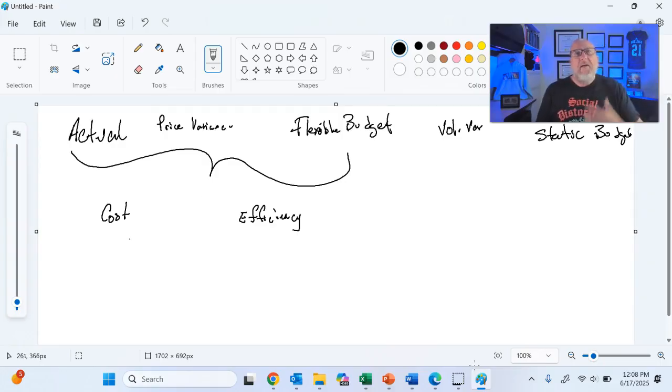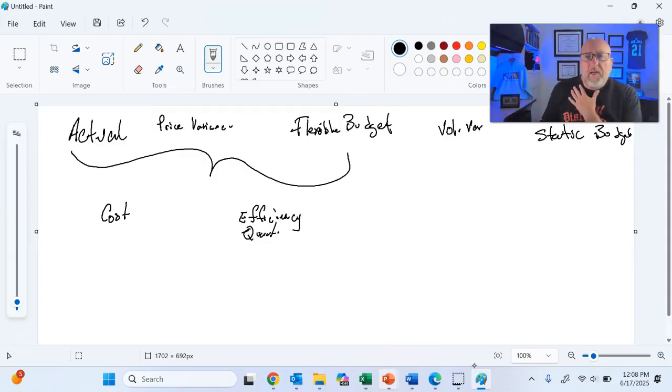If we're thinking about material, the price that we pay for the raw material could have been more or less than what we thought we were going to pay. And with the efficiency or quantity, what we're saying there is we are using more or less material than we thought we would.